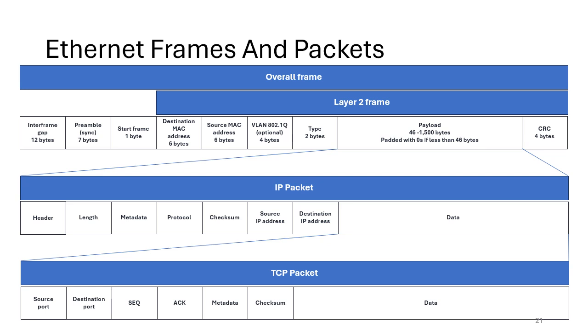So the IP address is normally a 4-byte number, and it's a bit more easy for humans to read. And again, you get the source IP address and the destination IP address, so the system knows how to route those IP packets around the network. And then you get the actual data itself.